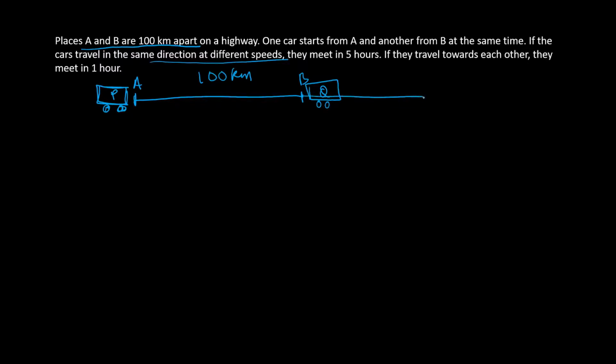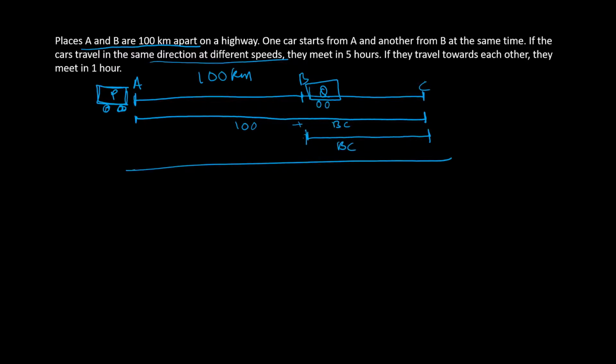So they reach point C, the destination. Car P travels A to C, and car Q travels B to C. So this distance is 100 plus BC, and this is BC alone.